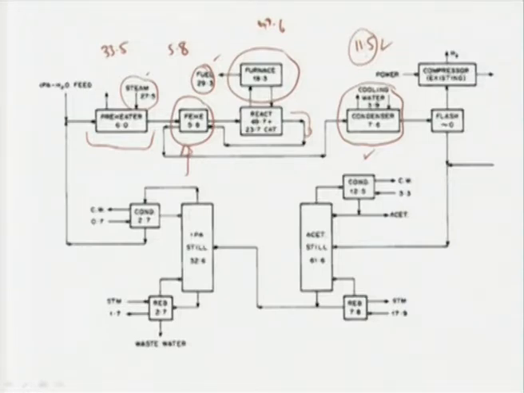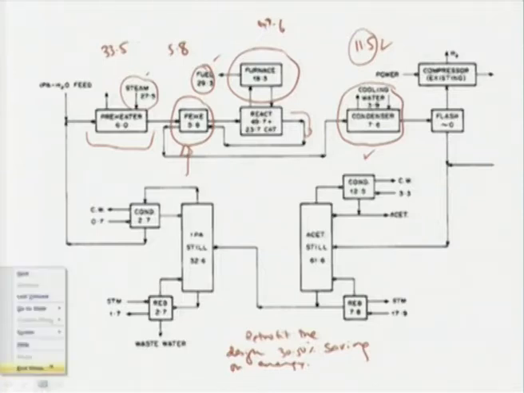Typically, if we retrofit the design with modifications of these particular components, then we can save up to 30 to 50% of the energy cost. So this is another area for optimization of the process.